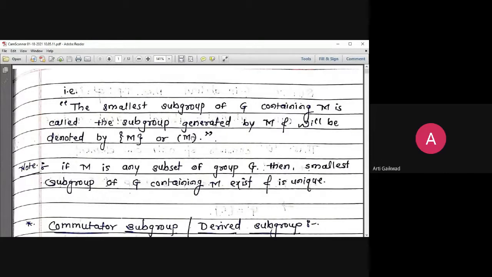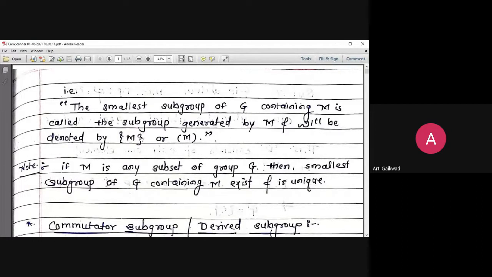In the previous lecture, we discussed what is the subgroup generated by the subset of a group. What is the definition? The smallest subgroup of G containing M is called the subgroup generated by M and will be denoted by curly M. This is nothing but the smallest subgroup of G in which M is contained.